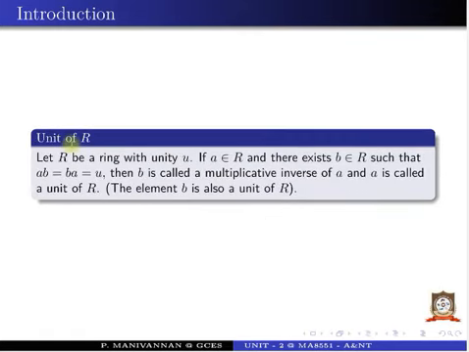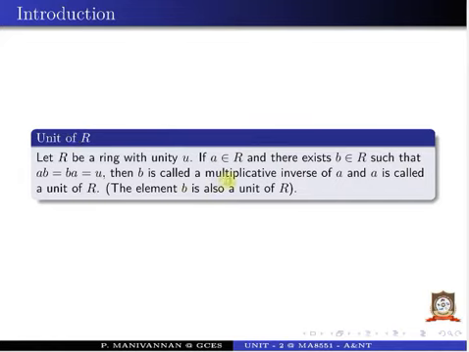Then units of R. What are the units of R? Let R be a ring with unity u. If a belongs to R and there exists b belongs to R such that ab equal to ba equal to u. We have the unit element, but the multiplication of two different elements will be u.